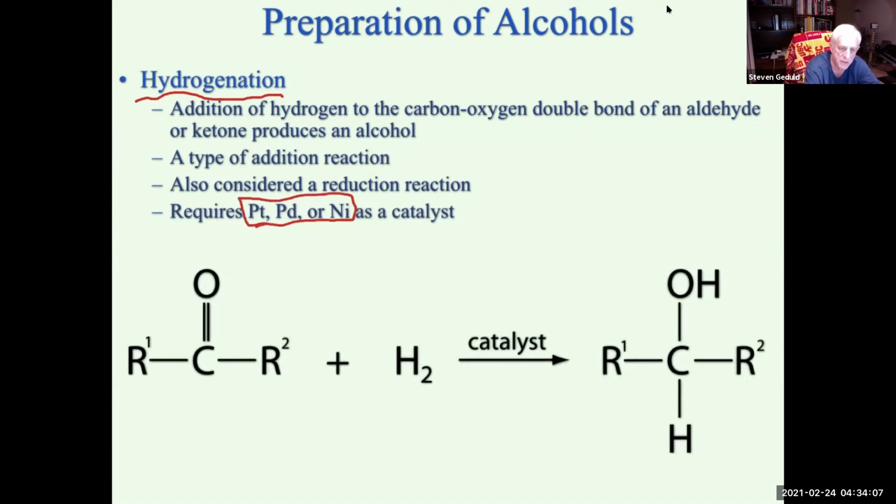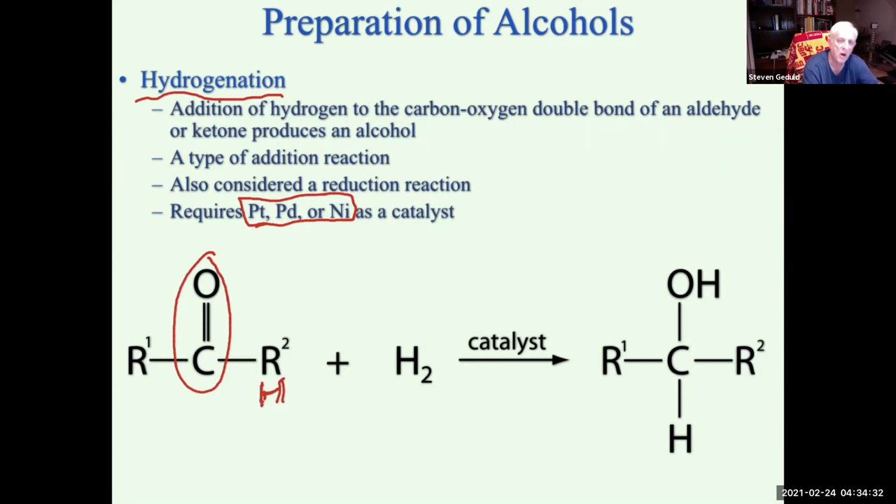Okay, so an aldehyde or a ketone has a carbonyl group. The only difference between an aldehyde and a ketone is if this is an H, it's an aldehyde. If this is a carbon, it's a ketone. That's it.